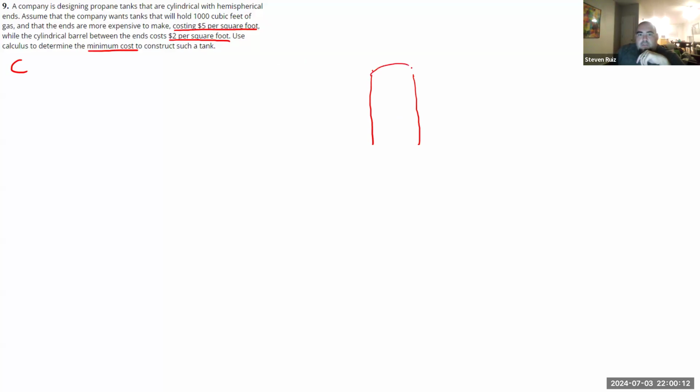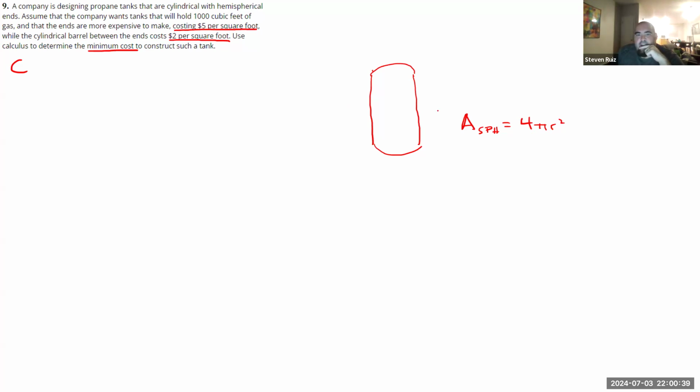So the tank is like a pill. Let's write down a couple formulas here. The surface area of a full sphere is 4 pi r squared. What about the surface area of the other side?